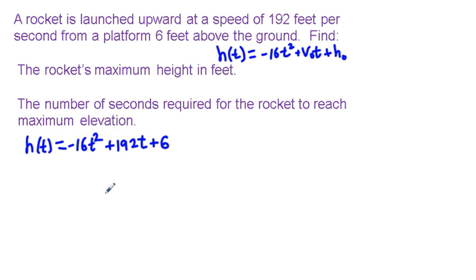From here you can complete the square, or if you want to, you can say, I don't want to complete the square, I can just graph this in the calculator and trace to see that maximum height and time. When you get your vertex, it is going to be the time, comma, height.